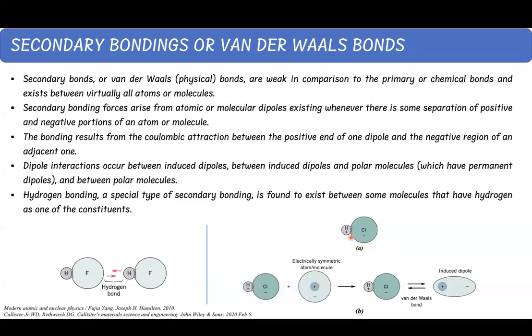One is a dipole with a positive side and a negative side, the other is symmetrical, and the dipole induces the symmetrical molecule, so there is van der Waals bonding between the two. So that is a brief explanation of these kinds of bonding, the secondary bonding or van der Waals bonds.